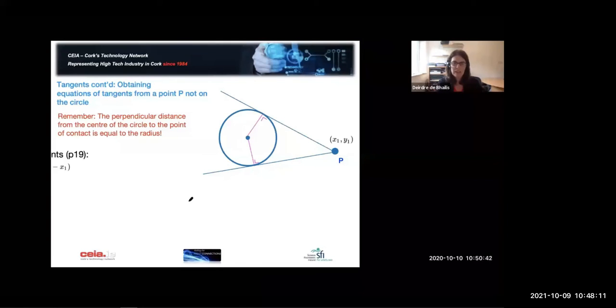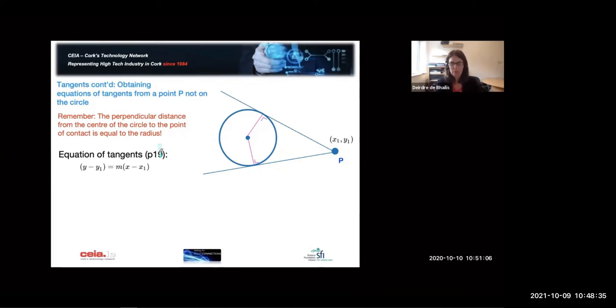So from last week and the equation of the line, I say page 19 there in our tables, it's actually page 80. We know that the general equation of a line is given in the form y minus y1 is equal to the slope multiplied by x minus x1.